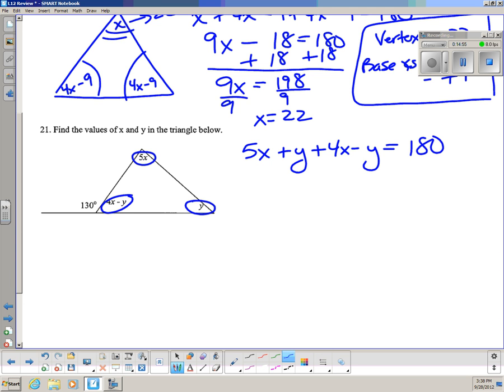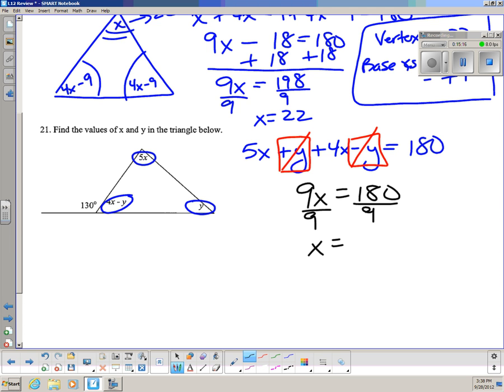Something interesting happens with this. If I look at the left-hand side, I have a positive y and a negative y. And those drop out, which is great because now I only have one variable left. So these cancel, and I have 5x plus 4x left, which is 9x. I divide by 9. X is 20.